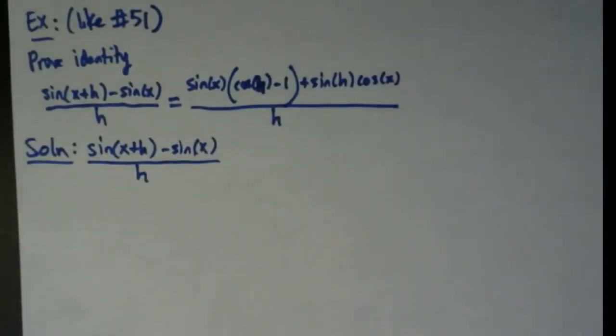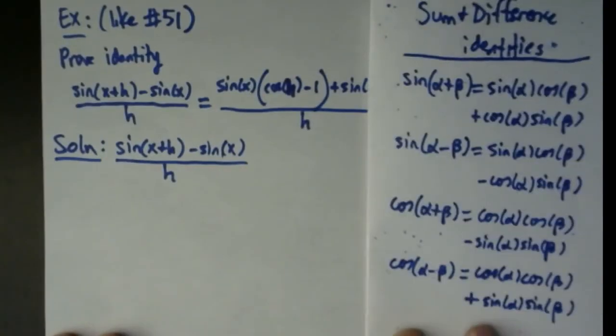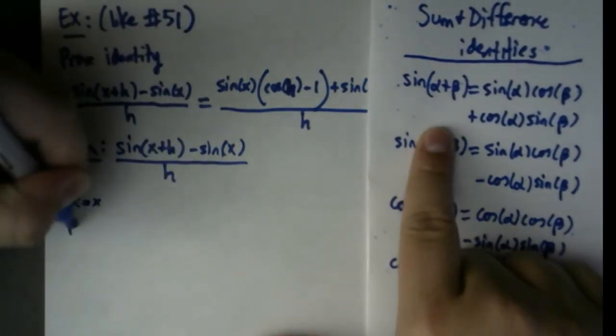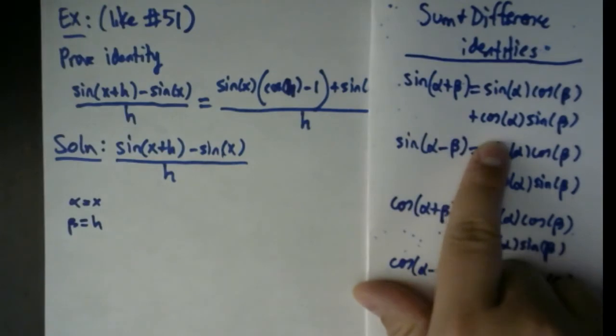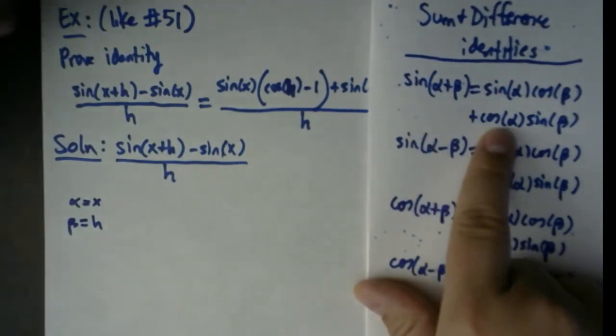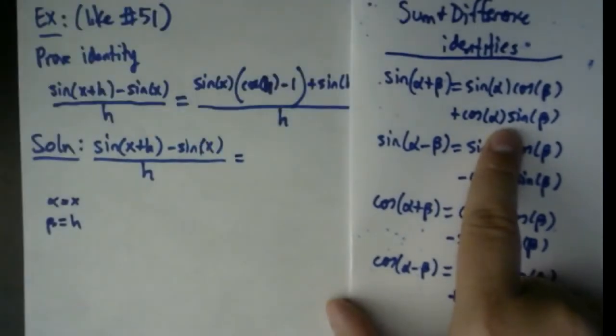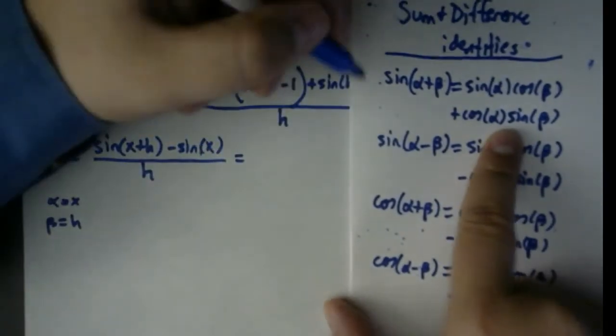Okay. Now I'm going to pick alpha equal x and beta equal h in this identity up here. I could have folded this the whole time. Live and learn. Okay. So this is going to give me sine of alpha cosine beta.